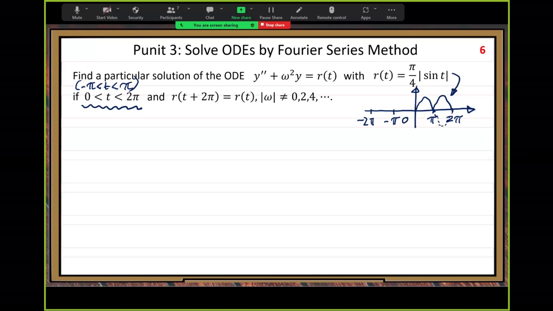Now, when we do the 2 pi periodic extension, it looks like that. Now you tell me how to work.